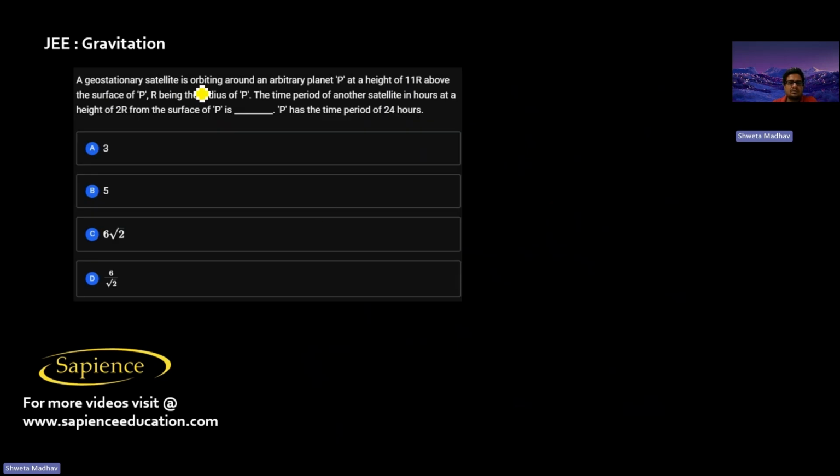Then here it is told a geostationary satellite is orbiting around an arbitrary planet P at a height of 11r above the surface of P, r being the radius of the planet P. The time period of another satellite, in hours, at a height of 2r from the surface of P is?